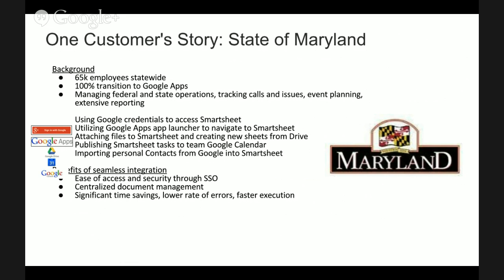Centralizing on Smartsheet and Google Drive for document management has reduced a number of errors in mailing different copies of documents from one user to another. They ended up saving a ton of time overall by being able to collaborate within Smartsheet on their project dates and project deliverables.